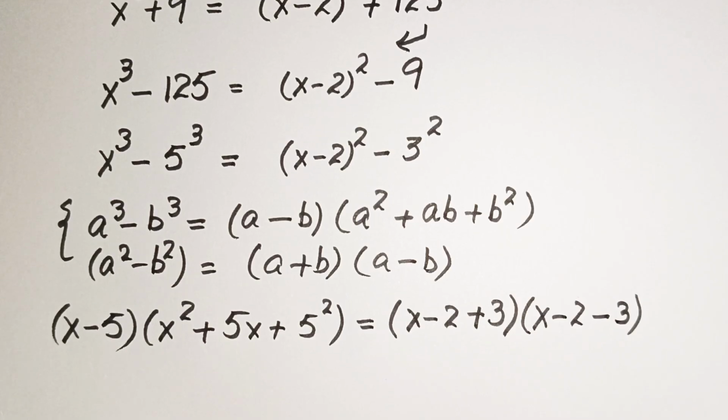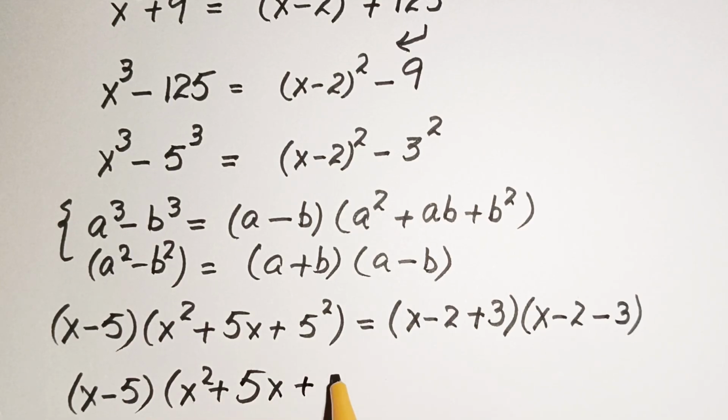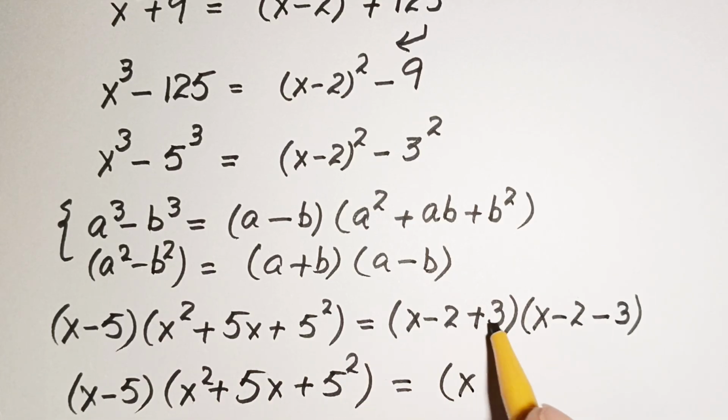So we have x minus 5 times x squared plus 5x plus 5 squared is equal to, here x minus 2 plus 3 we get x plus 1, and x minus 2 minus 3 we get x minus 5.